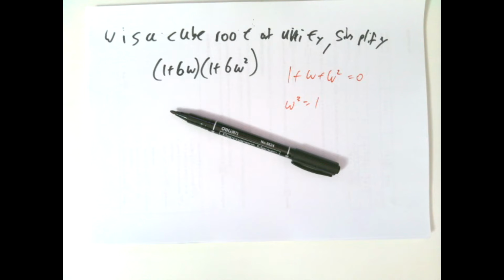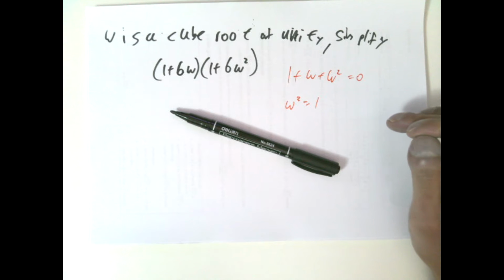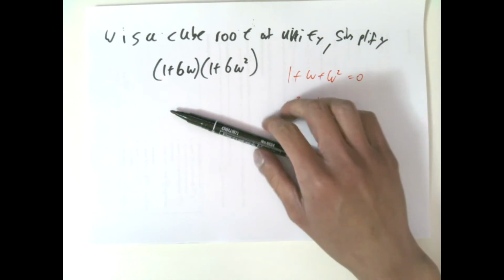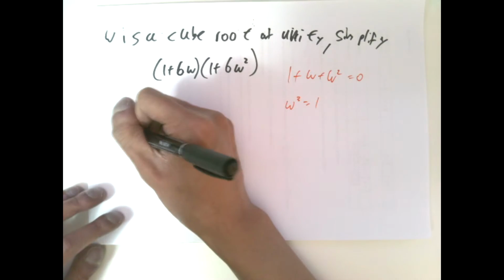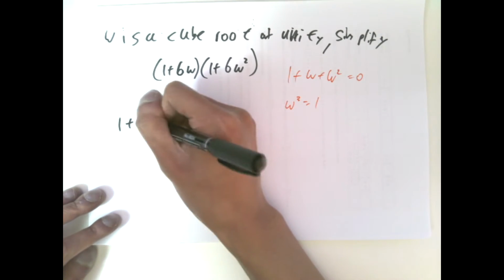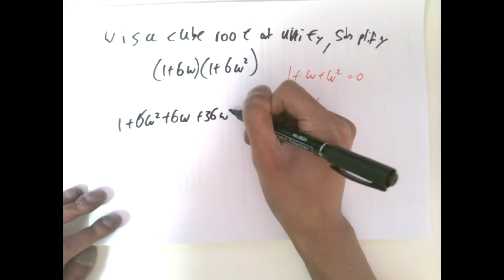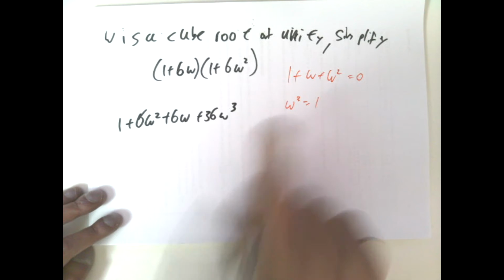With that said, we can actually do some questions about this. If omega is a cube root of unity, simplify 1 plus 6 omega plus 1 plus 6 omega squared. Well, using our properties of the cube roots of unity, we know that 1 plus omega plus omega squared equal to 0, and we know that omega cubed equal to 1. Expanding all of this out, immediately we know that omega cubed is going to be 1.